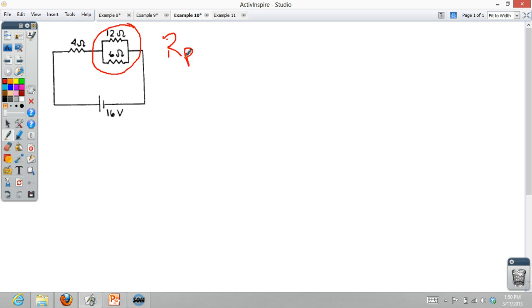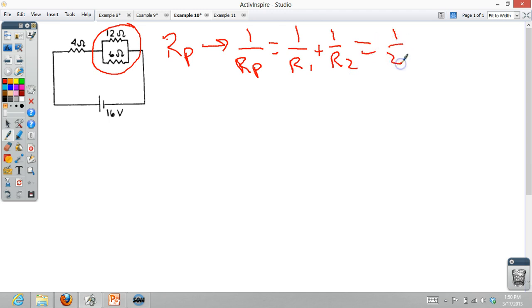So we're going to call it RP, and remember that would be 1 over RP is equal to 1 over the first resistor plus 1 over the second resistor. Our first resistor is 12, so we're going to do 1 over 12 plus 1 over 6.